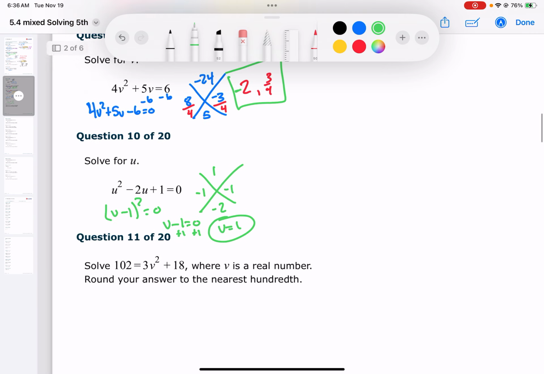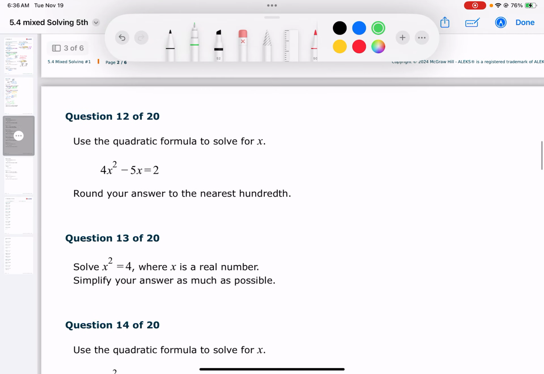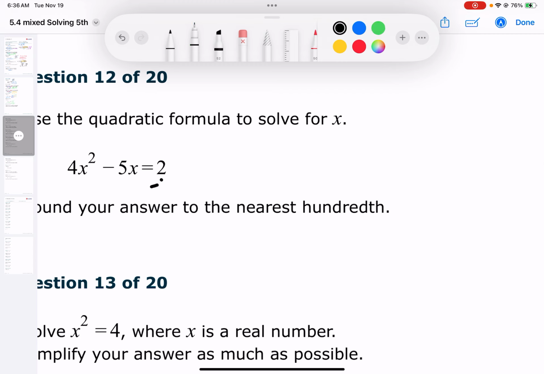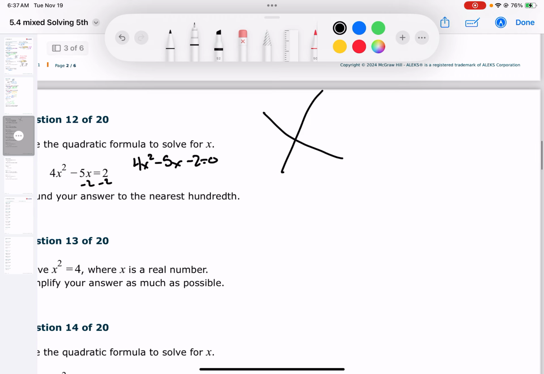Okay, so let's see if we can find another one that is a quadratic function or using quadratic formula. And there we go. So we'll do one more of these. We got minus 2, minus 2. So 4x squared minus 5x minus 2 equals 0. And it's going to give me a negative 8 with a negative 5, and that's not good work. We already knew that.